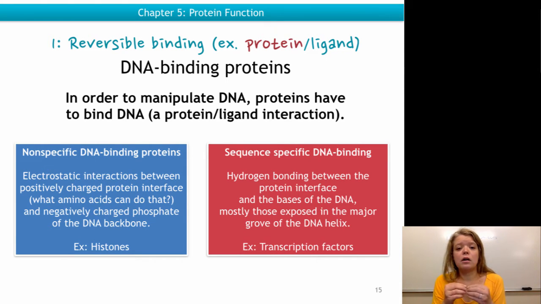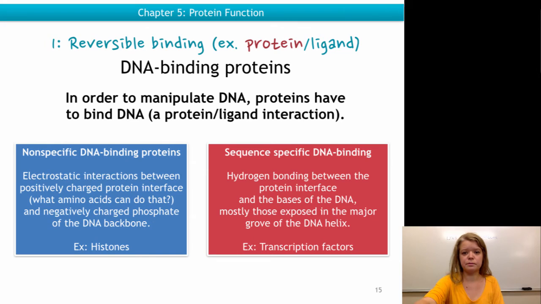These proteins, instead of utilizing the backbone of the DNA, have to recognize the actual nucleotides, have to be able to form hydrogen bonds with the actual nucleotides of the DNA sequence to make it specific. Usually it's done via hydrogen bonding, though there are also some hydrophobic interactions, and they occur usually at the major groove of the DNA helix.